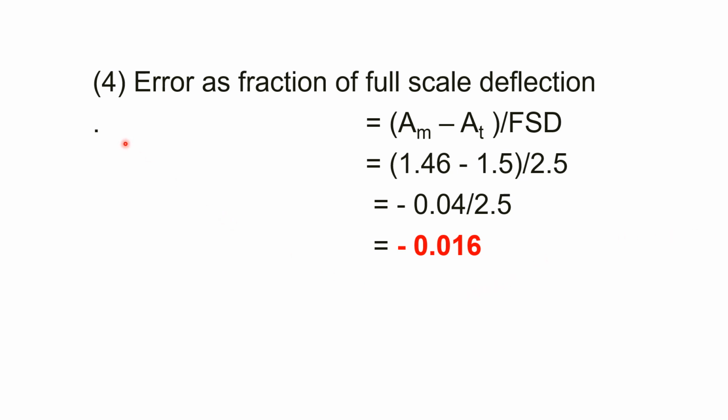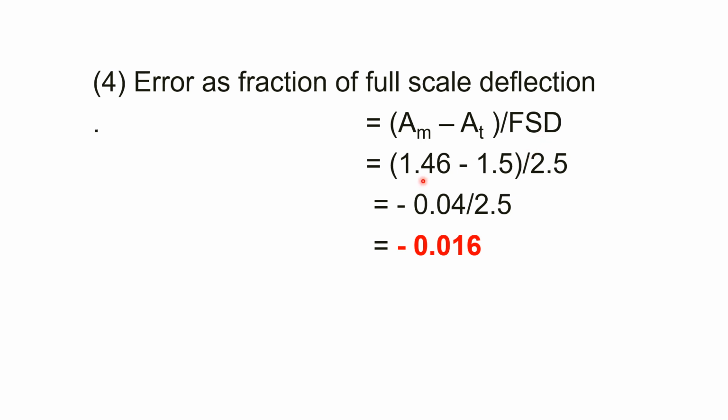Next, the fourth one we are going to see is error as a fraction of full scale deflection. Here the full scale deflection is given as 2.5. Previously, for relative error, we calculated AM minus AT, that is absolute error, divided by the true value. Here they have given the full scale deflection value, which we have to use instead of the true value.